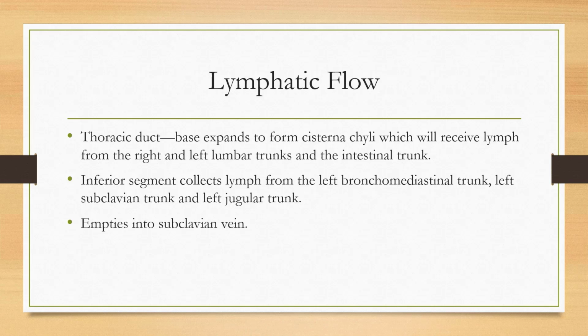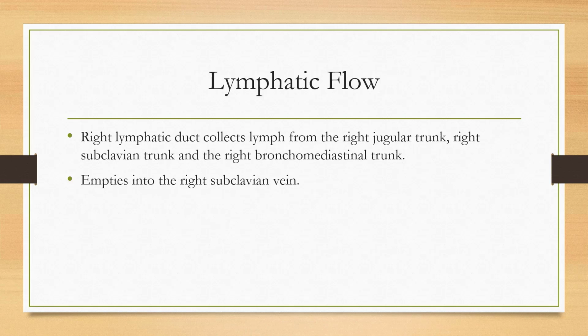This will empty into the subclavian vein. The right lymphatic duct will collect lymph from the right jugular trunk, the right subclavian trunk, and the right bronchomediastinal trunk. This will empty into the right subclavian vein.